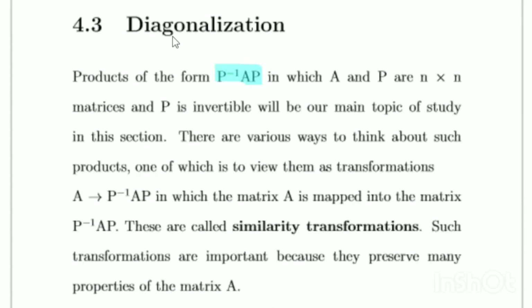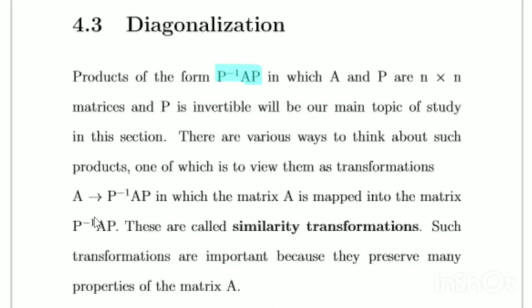Okay, next is diagonalization. We have two n by n matrices, one is A and the other one is P, where P is invertible.